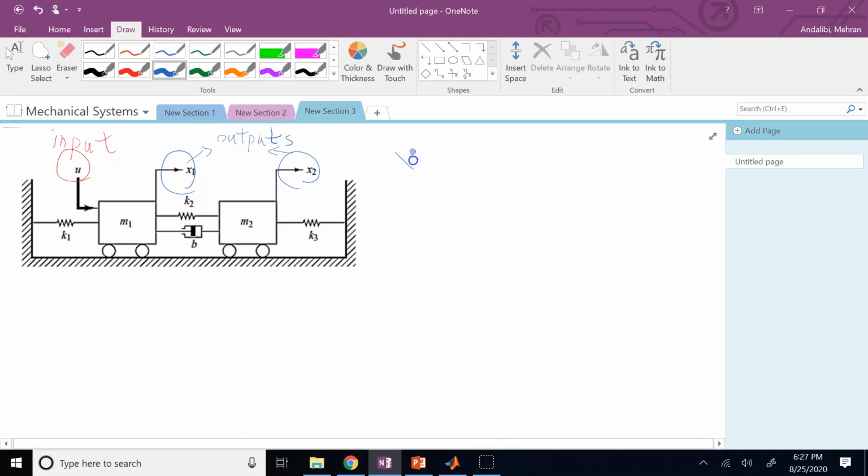And then it asks what is x1 of s over u of s, and what is x2 of s over u of s. As you know, when I have one input and more than one output, this is not a SISO system, we call it a SIMO system.